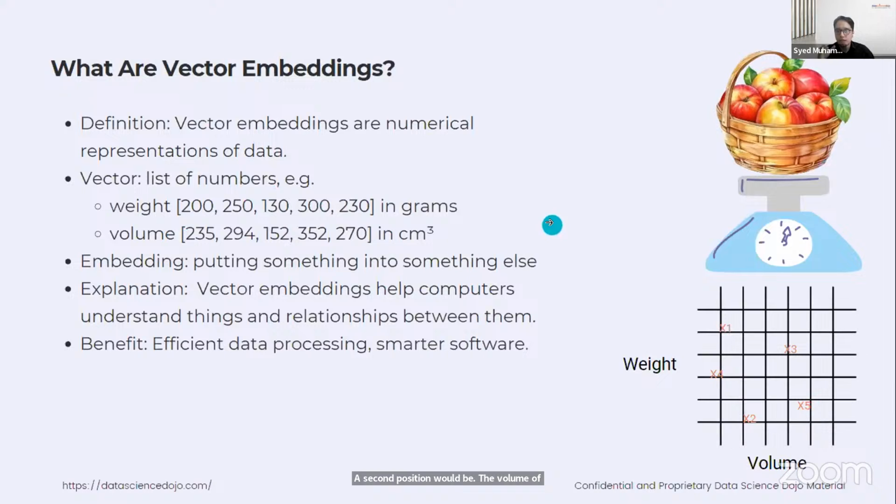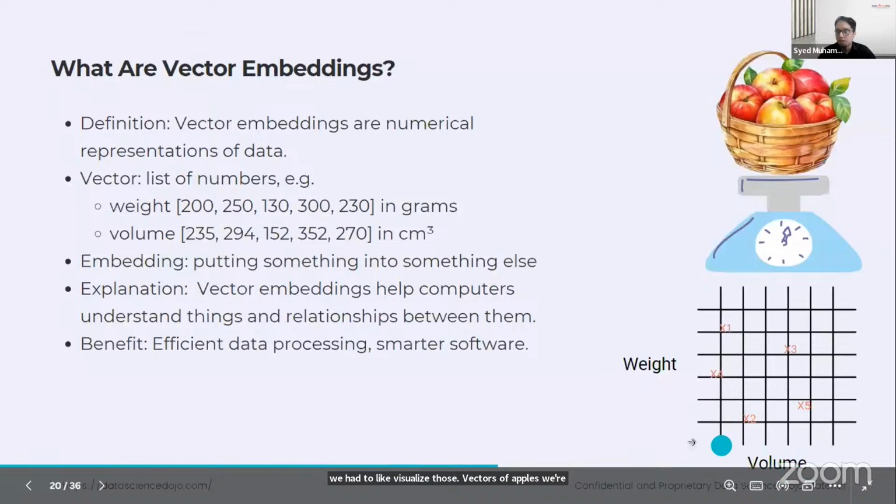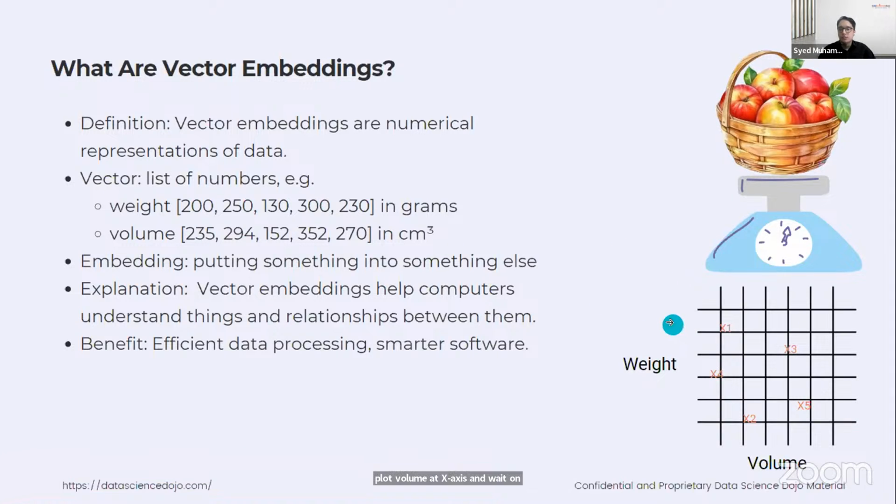If we had to visualize those vectors of apples, we could do it something like this, where we plot volume on the x-axis and weight on the y-axis. So this is how you can visualize vectors, and we'll look at how we can compare them later in the series.